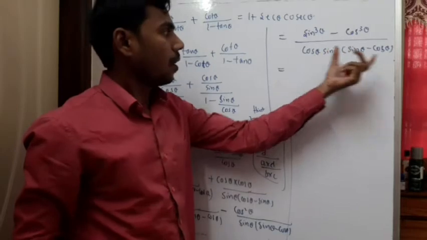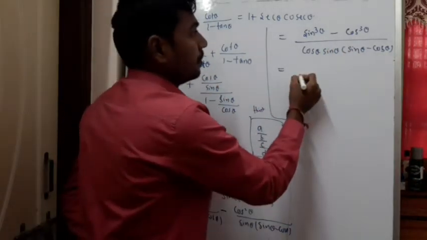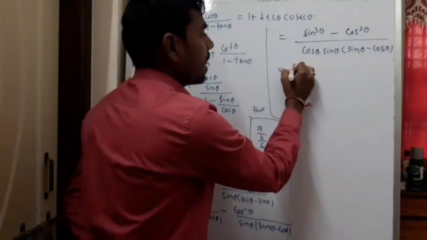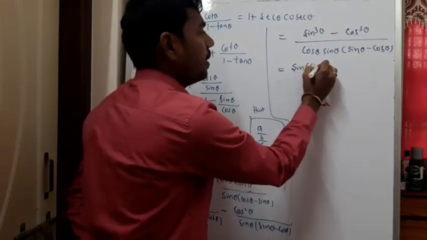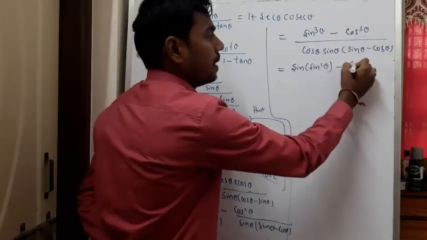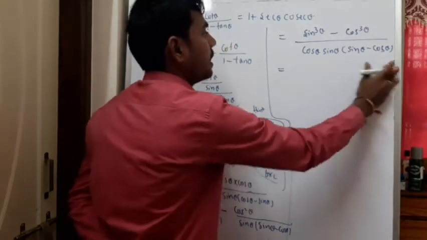So now, what we can do? Cos theta into sin theta. So this sin cube theta can be written as sin into sin square theta, minus cos cube theta can be written as cos theta into cos square, or else we'll express this.